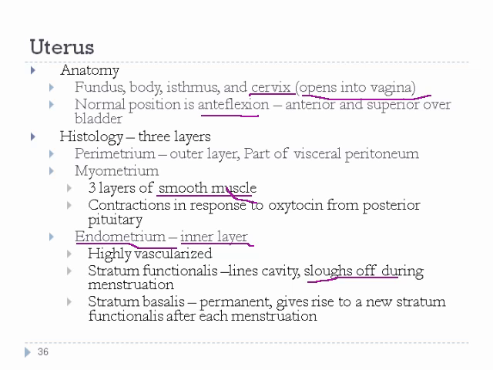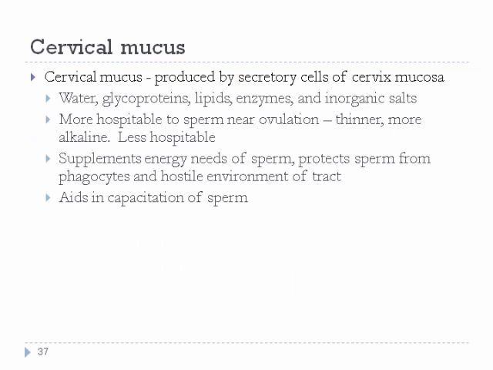And there's a lot of smooth muscle that surrounds the uterus. You have to have a lot of muscle that will contract to expel a fetus for labor and delivery in response to oxytocin, which we talked about for the posterior pituitary in the endocrine chapter.